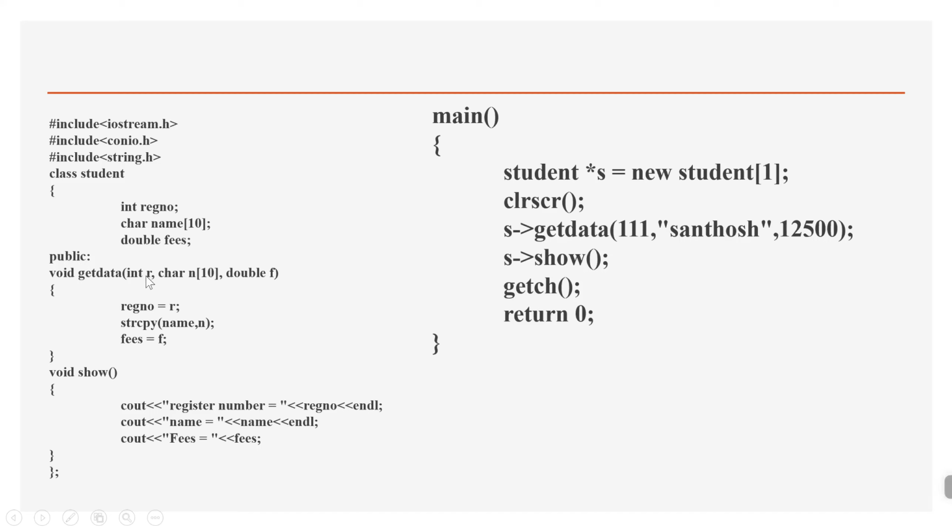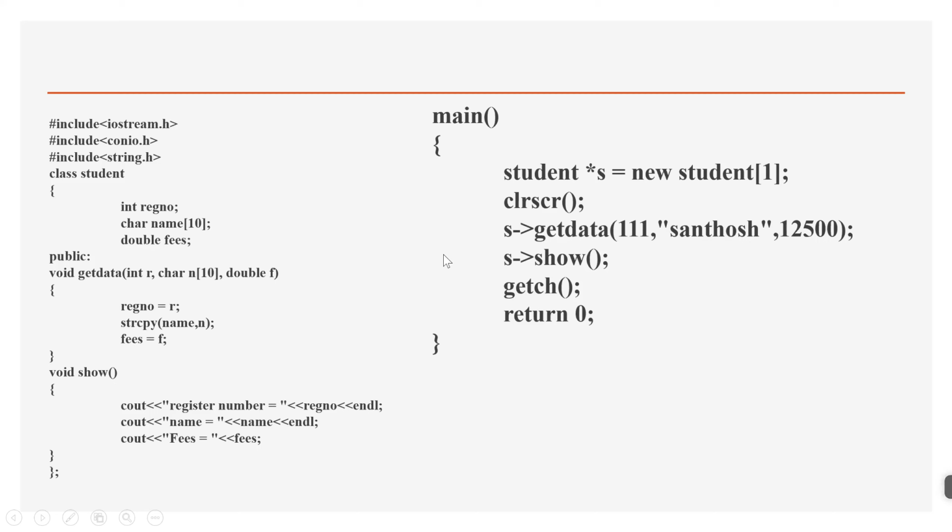I pass the register number r value to the register number, then n of 10, which is a string, to the name, then the value f to fees. These three are the data elements of the class which I am reading from the main program.